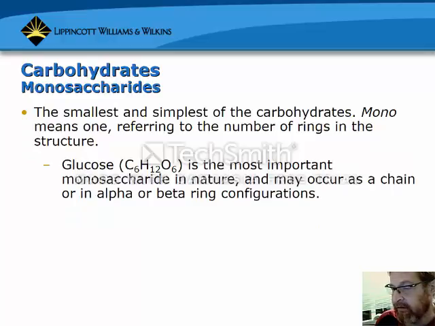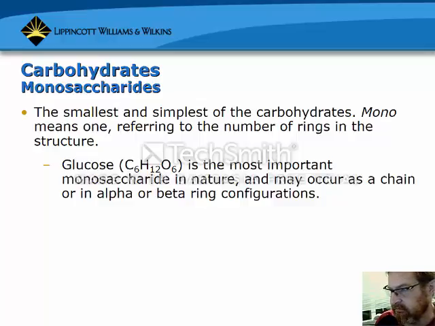The smallest and simplest carbohydrate, the go-to monosaccharide, is glucose. So there's the example of C6H12O6. Glucose is our go-to carbohydrate. It's the first one that one tends to have to deal with.